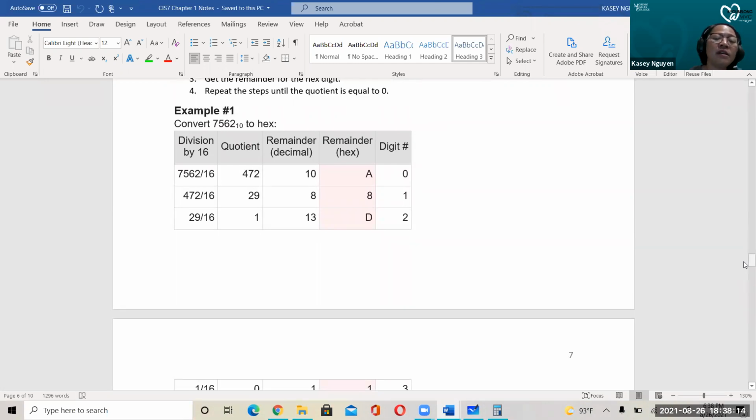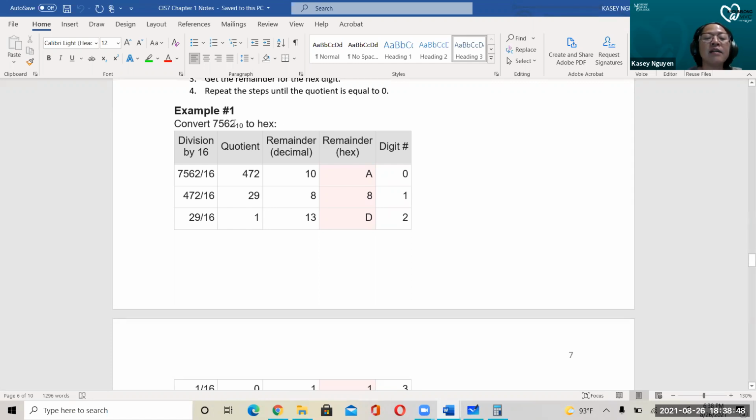It shows you here that to convert 7562 in decimal to hexadecimal, we would use the division method. As when we go from hexadecimal to decimal, we multiply, from decimal to hexadecimal, we divide. You would divide it by 16. Why? Because hexadecimal is a base 16 number.